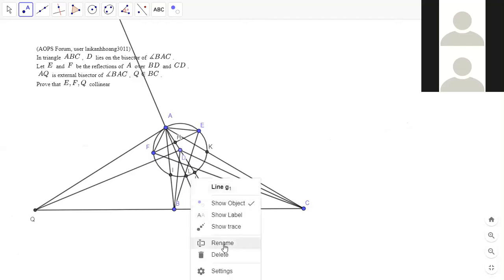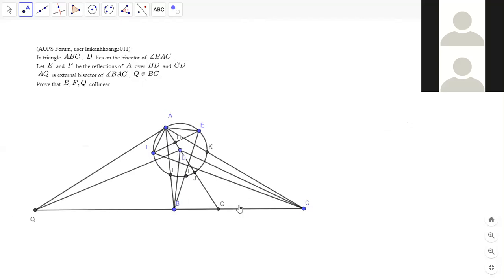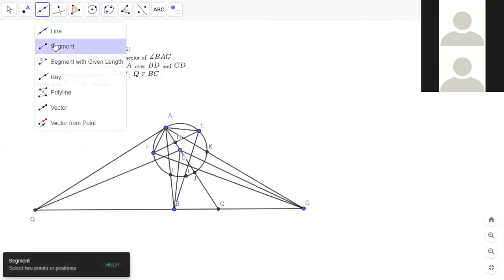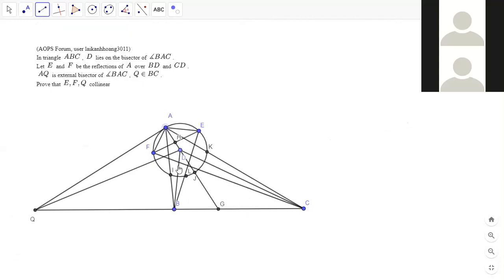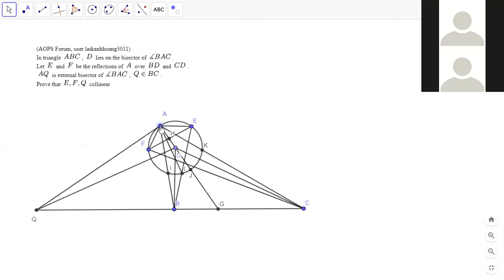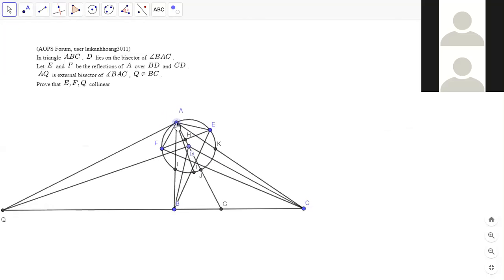So QAL is isosceles. If we can show that AELF is a harmonic quadrilateral, then it will be done, right? So it is the same as proving that AQ, AL, AF, AE is a harmonic bundle.